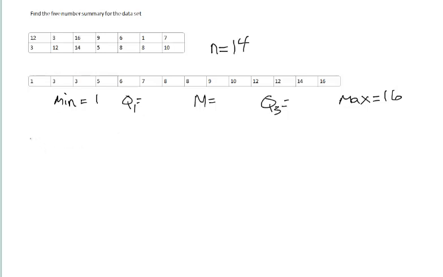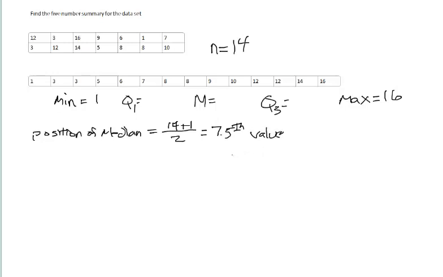And the position of the median is equal to 14 plus 1 divided by 2, which is 15 divided by 2, or 7.5. So the 7.5 value.